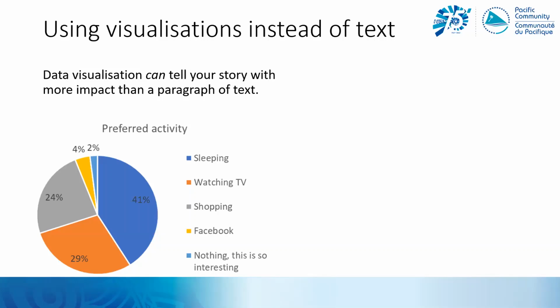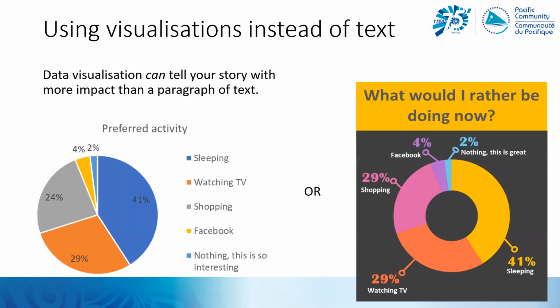Here's a basic but quite boring pie chart. This is just your standard output from Excel. But with just a few more minutes of effort, again using Excel, I've just tried to make that pie chart a bit more interesting.